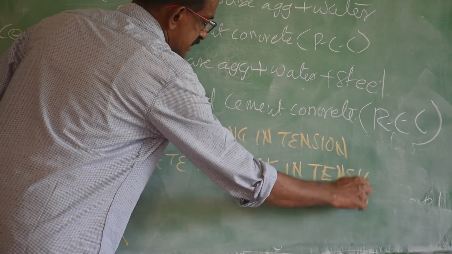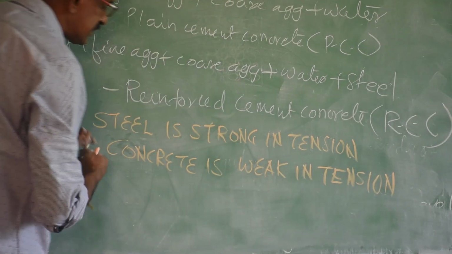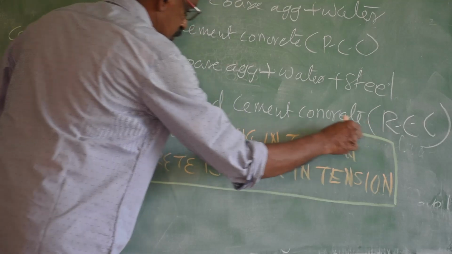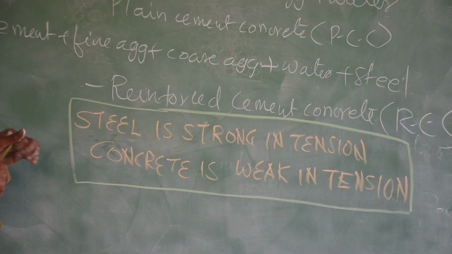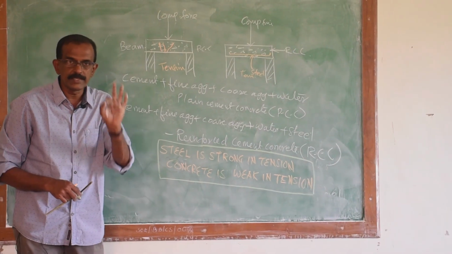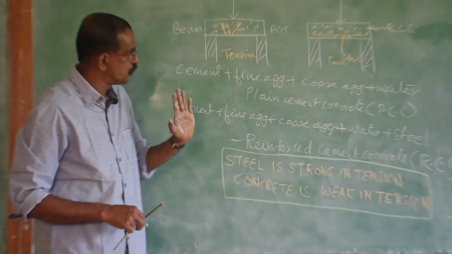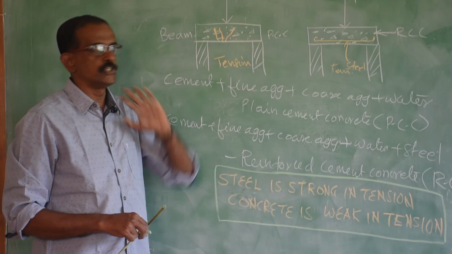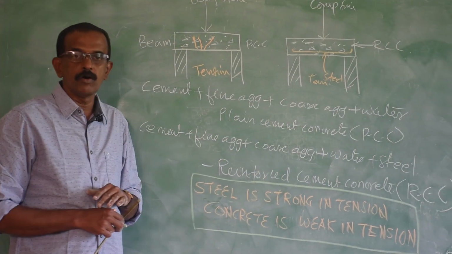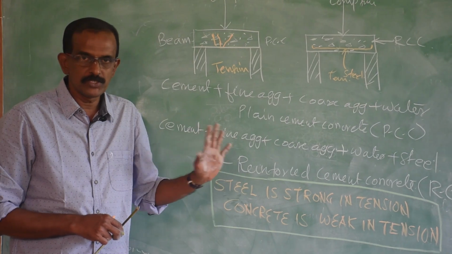So this is the basic of all civil engineering design. Steel is strong in tension, whereas concrete is weak in tension, which means if there is a tensile force, you have to provide steel. Now it is clear what is the purpose of providing steel rod in concrete, not to give strength. Now it is clear.